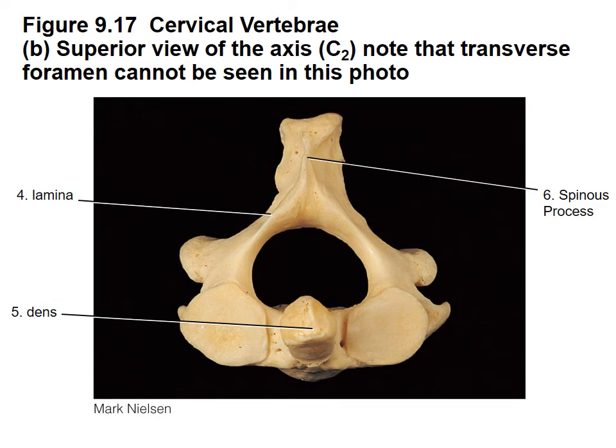Here's an actual picture of a C2 vertebra, and we have the dens here and the spinous process, and you can see it's sort of bifurcated here. It's a little worn down there. Your vertebral foramen is there, and you can't see the transverse foramen very well. They're underneath, under the superior articular processes.